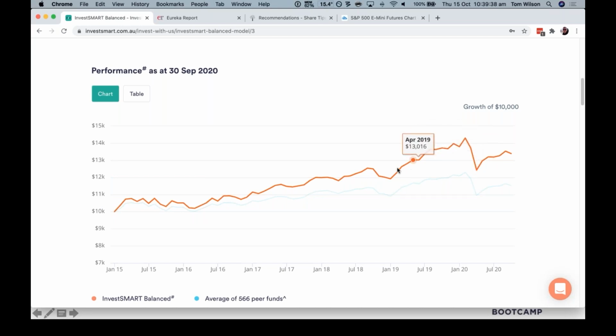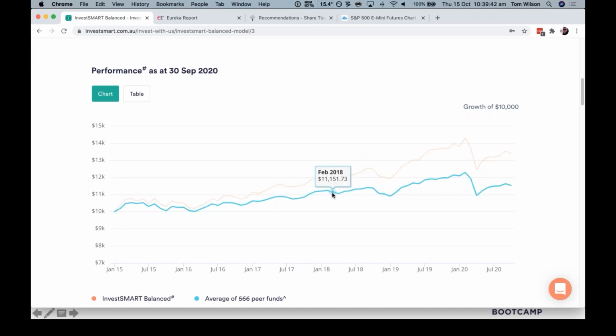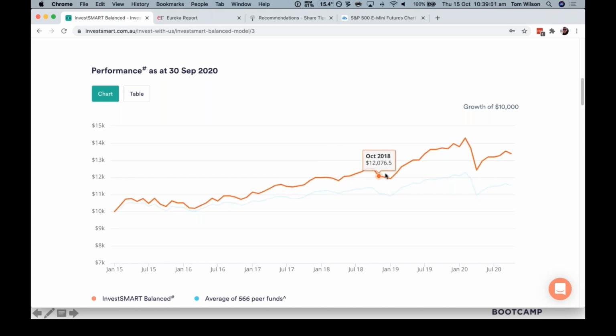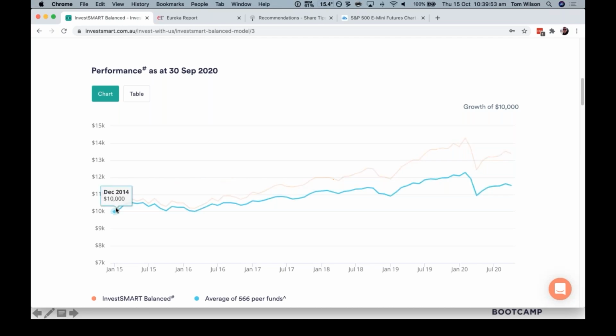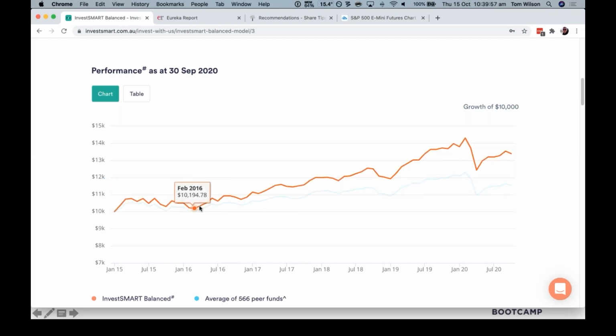So that's our balanced portfolio there at the top. And then this is the average of our peers. So there's 566 peer funds that offer the same kind of investment portfolio. And you can see from the inception that gap in terms of us outperforming them has gotten wider and wider.